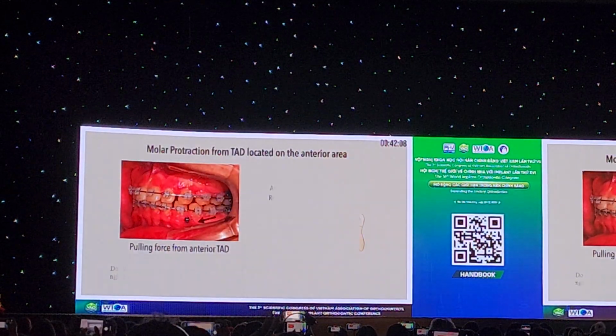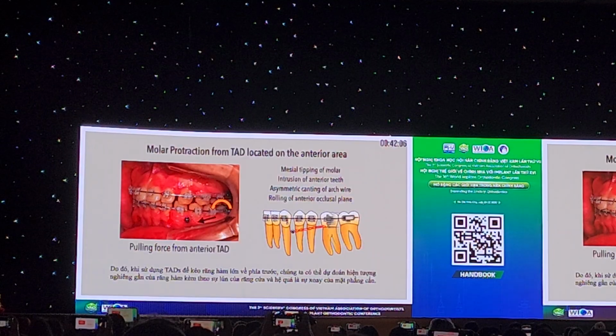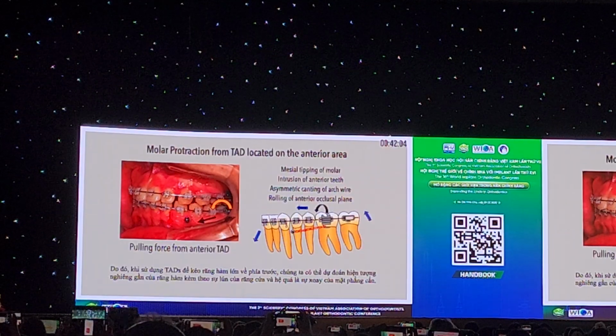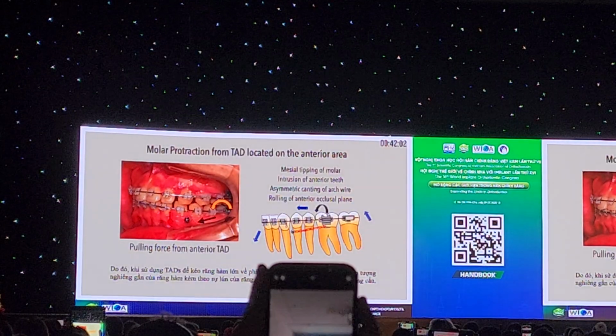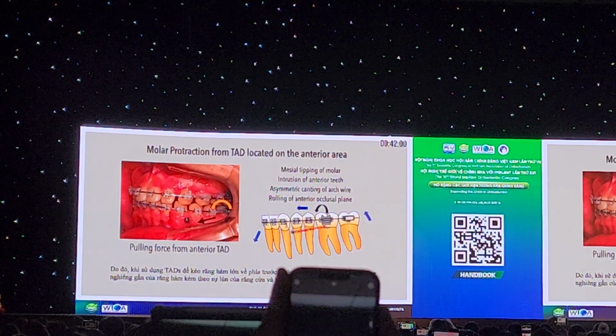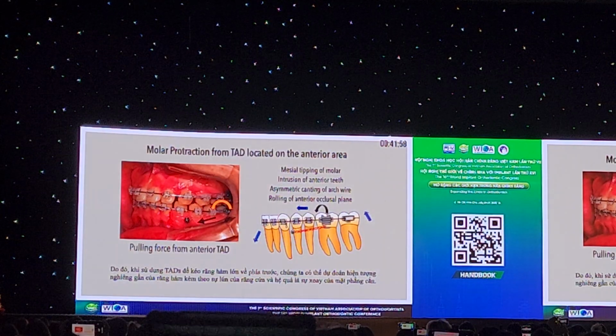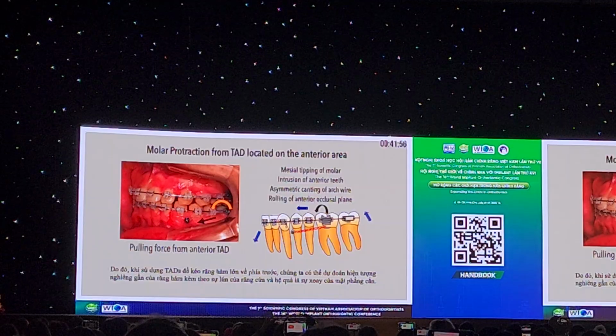Thus, when employing TADs to pull the molars forward, we can anticipate a major tipping of the molars accompanied by intrusion of the incisors and subsequent tilt of the occlusal plane.